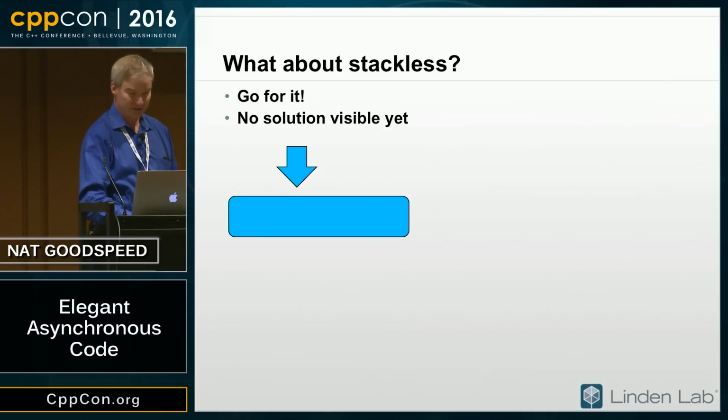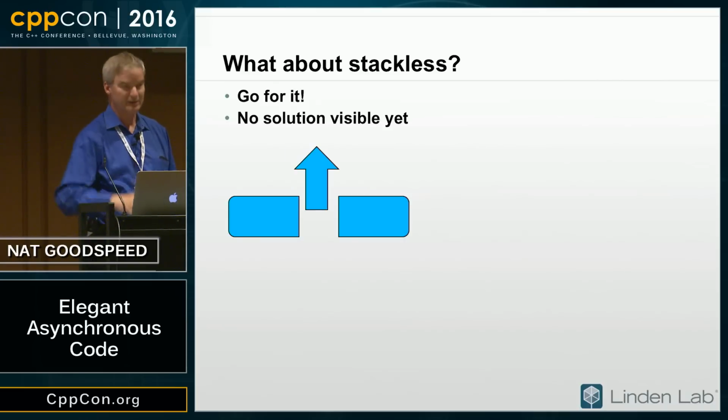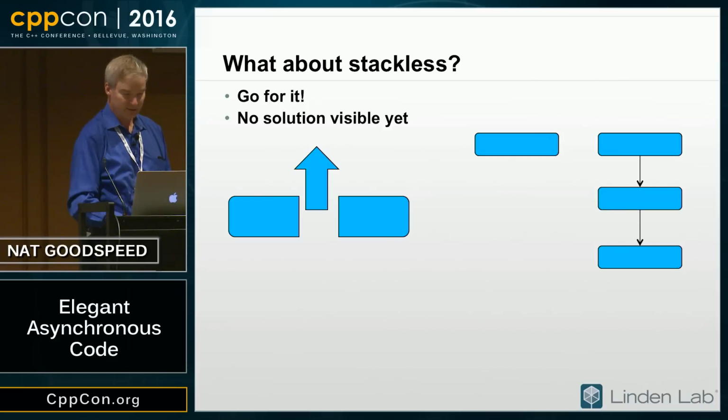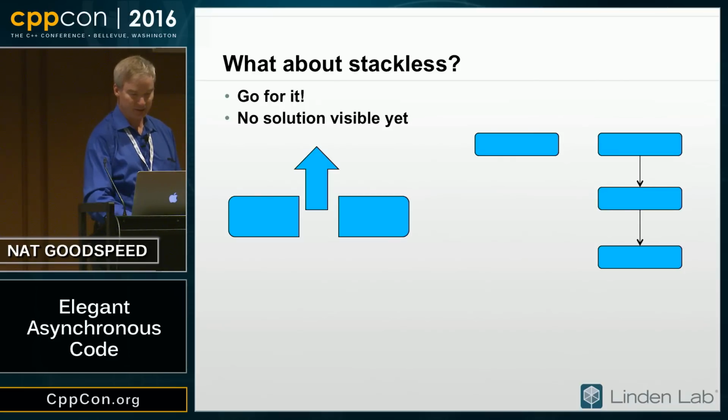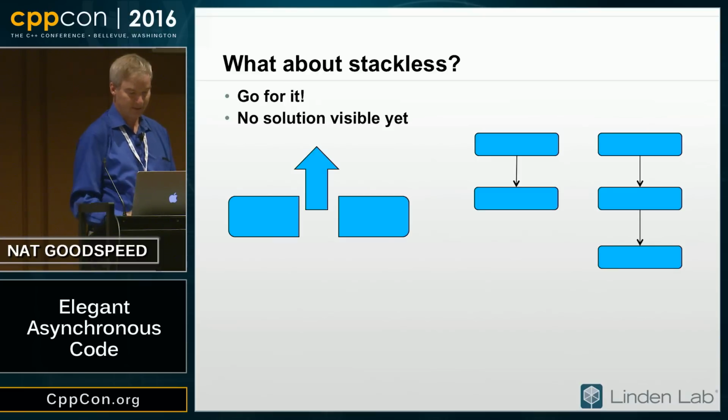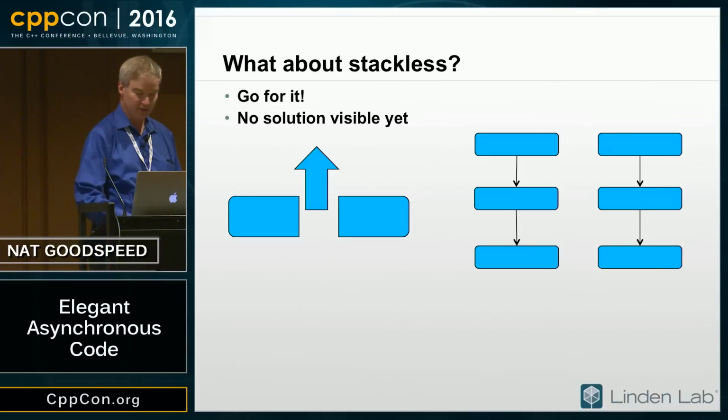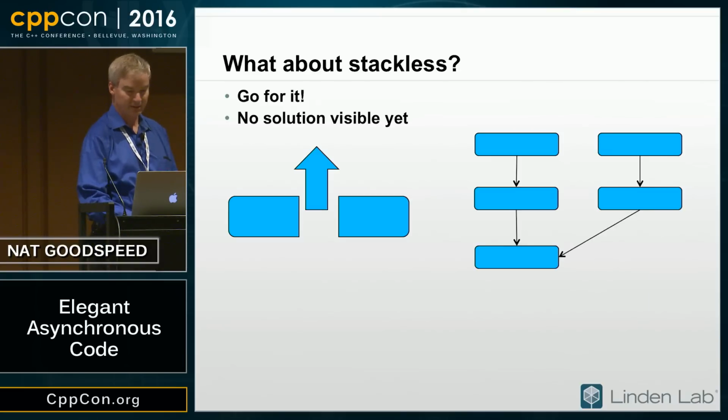Resumable functions suspend by return, or suspend up and out. Fibers, like stackful coroutines, suspend by call, or suspend down. A fiber calls some function. That function calls another function. That other function might choose to suspend transparently to the caller.